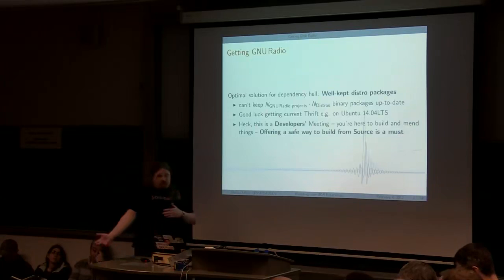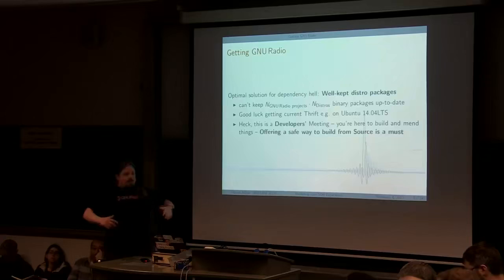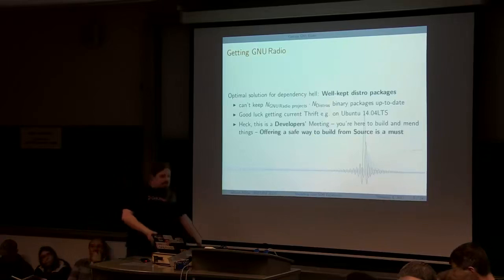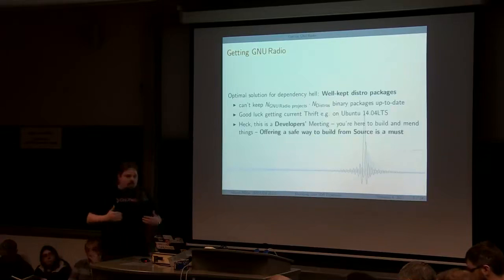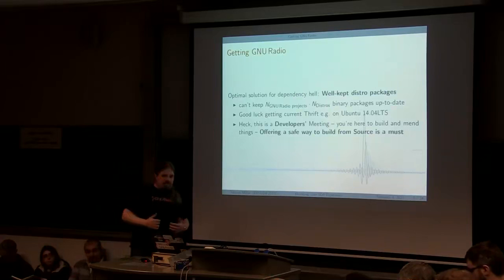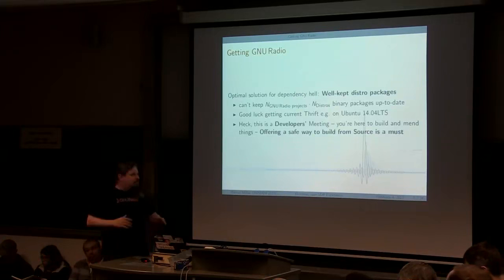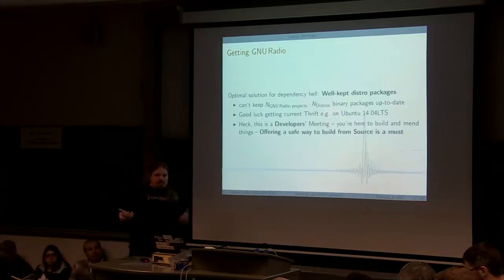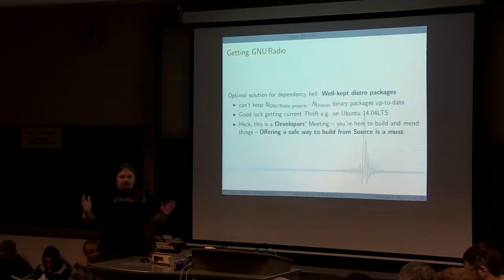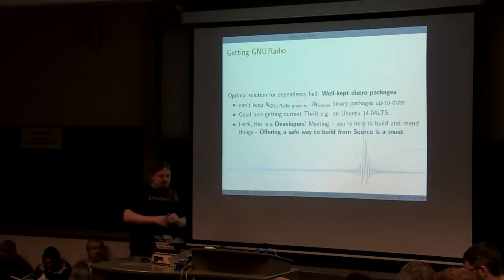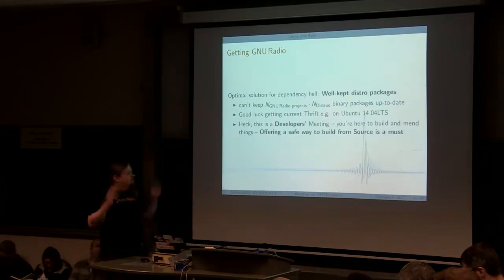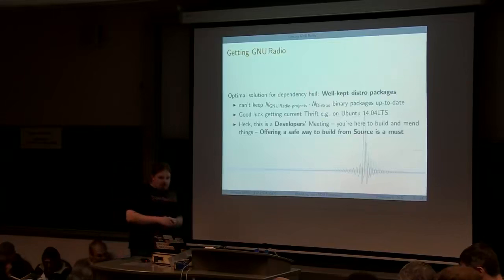And of course, if you want to have GNU Radio with control port for some reason, you need a recent version, and you just won't get that on most distros today. It's not very probable that it comes with that right version. And all the versions are broken, but that doesn't change the fact that Red Hat can't go back in history and just ship a newer version. And so here you are with that problem.